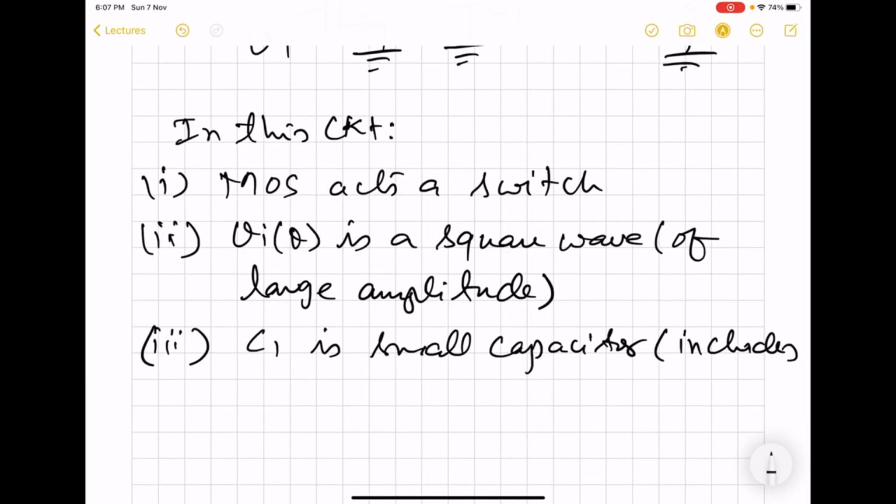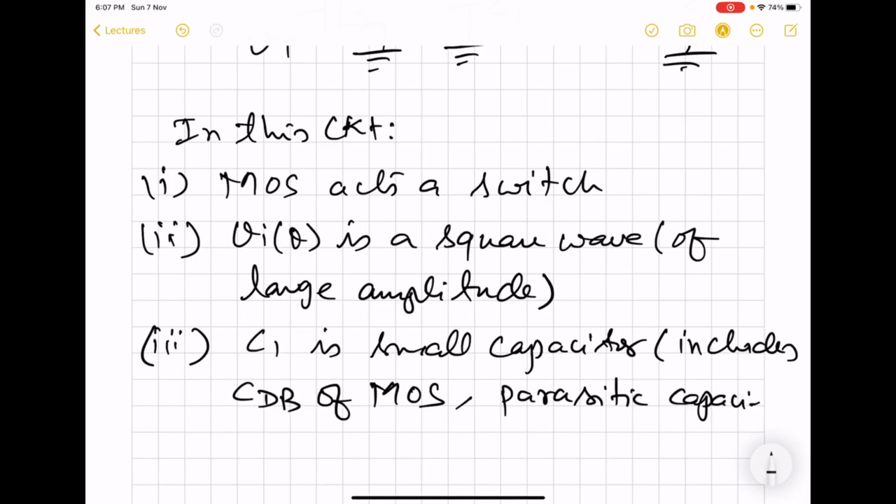So it includes drain to bulk capacitor of MOS and the parasitic capacitor of the RFC.